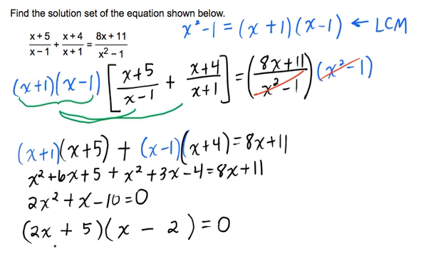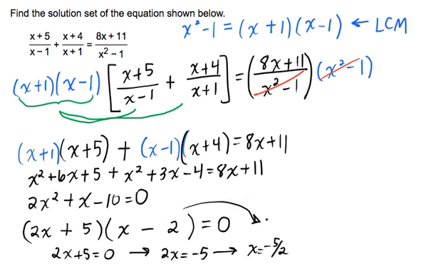If I put the negative there, my outside term is negative 4x, which adds to positive x. So that works. So setting the first factor equal to 0 gives 2x equals negative 5, or x is negative 5 halves. And setting this factor equal to 0, we're going to get x equals 2.